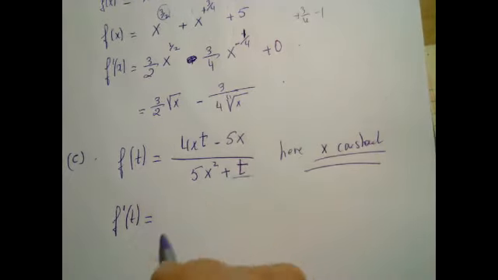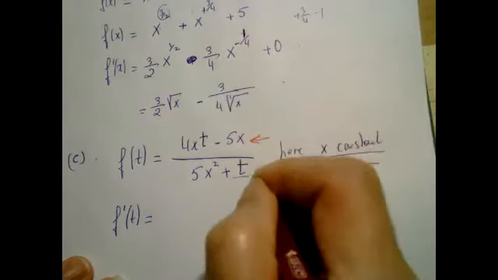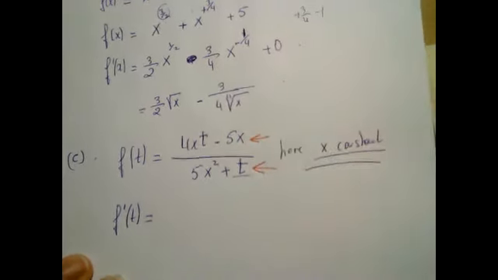So I have to be very careful. With this in mind, let us find f prime. How would you find f prime in this problem? Absolutely the quotient rule, since this is divided by that.